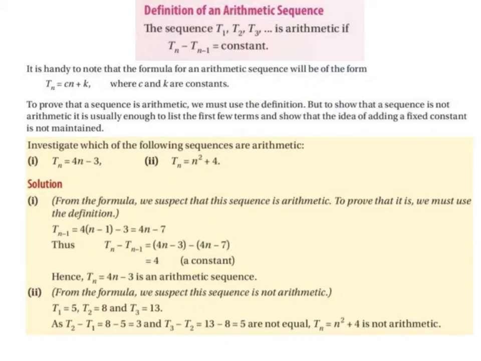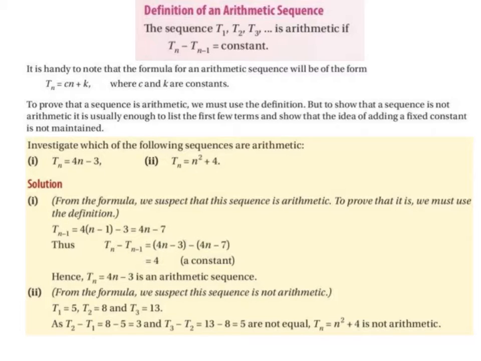So just like with functions, we're swapping the n for n minus 1 with brackets around it. 4 multiplied by n is 4n. 4 multiplied by minus 1 is minus 4. And minus 4 minus 3 is going to be minus 7.